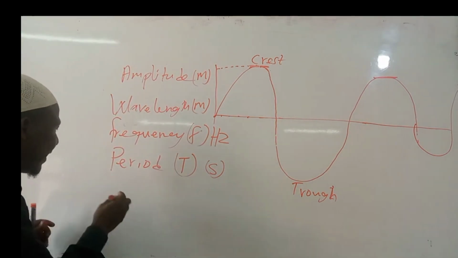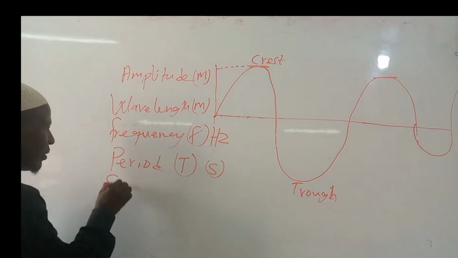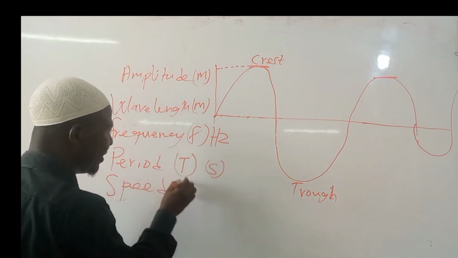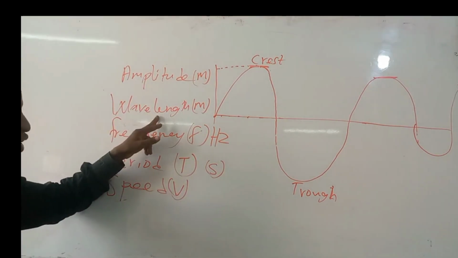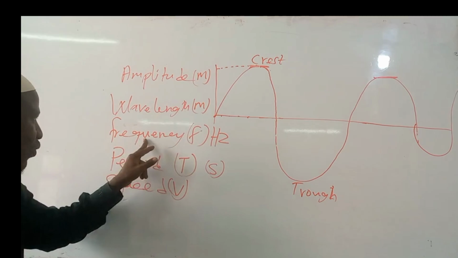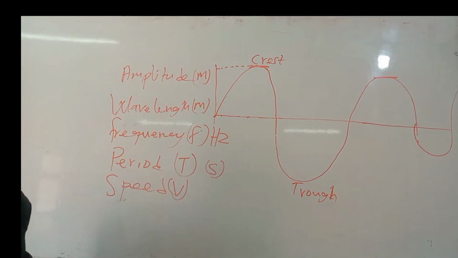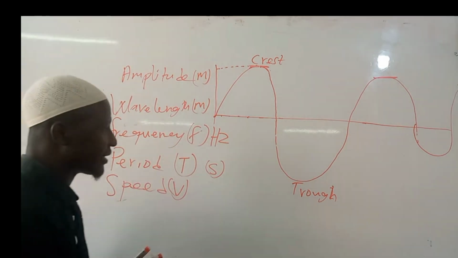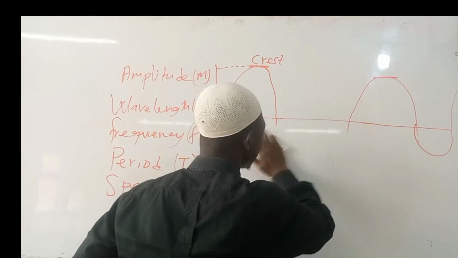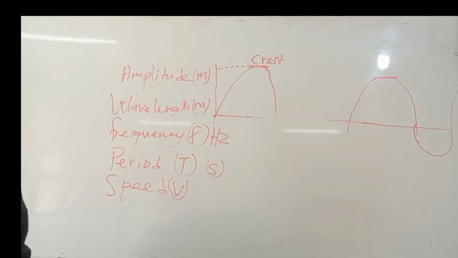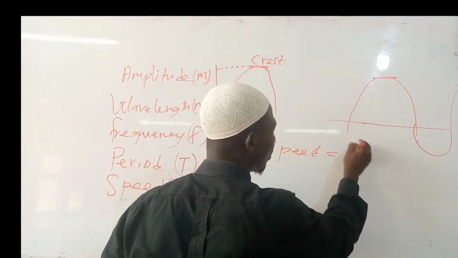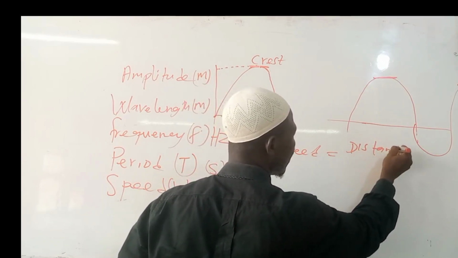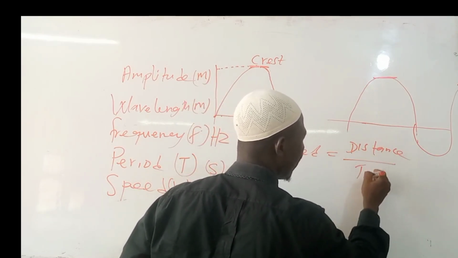Therefore, we can relate speed, V, to the others. So we can relate the four: the relationship between wavelength, frequency, period, and speed. In normal motion, speed is equal to distance over time.